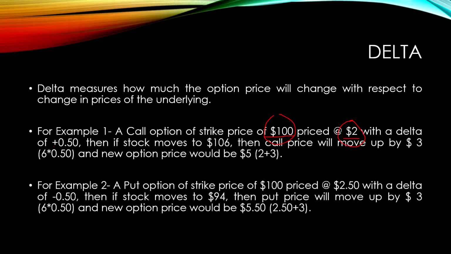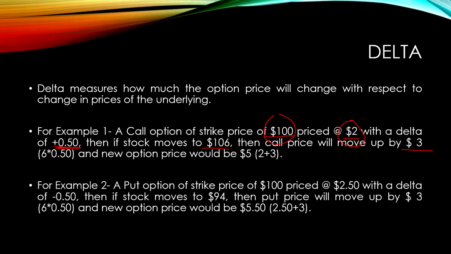So what does 0.50 mean? If the stock moves up to $106, so there is a $6 change, then the call price will move up by $3. So how is it calculated? The delta is 0.50. Delta calculates how much the option price will change with respect to $1 change in the underlying value.